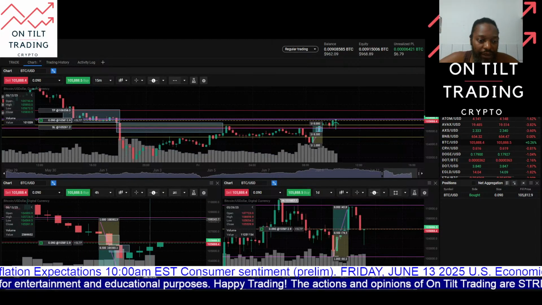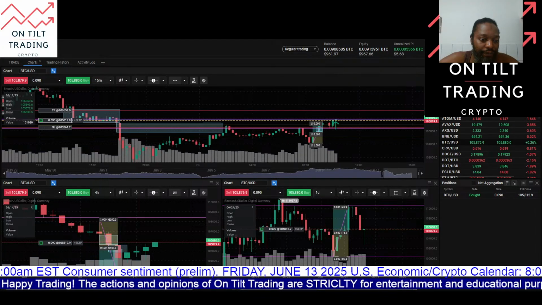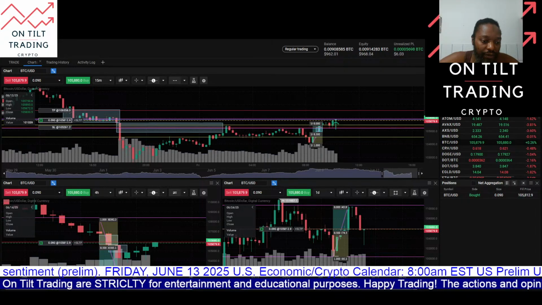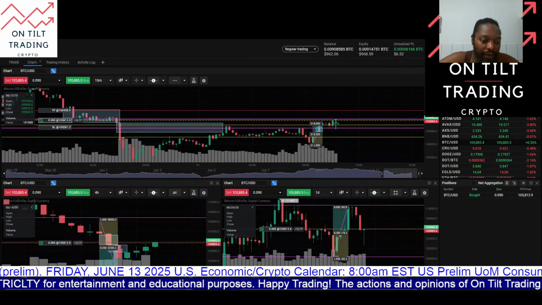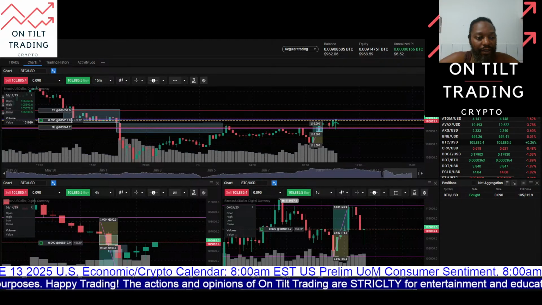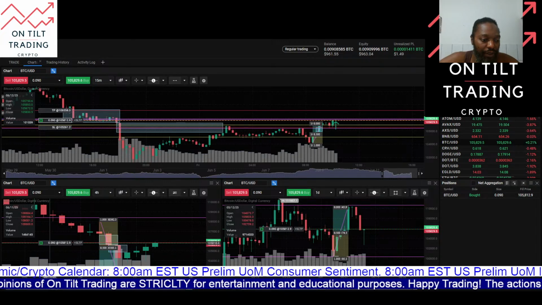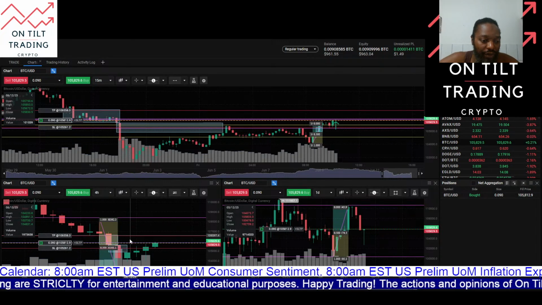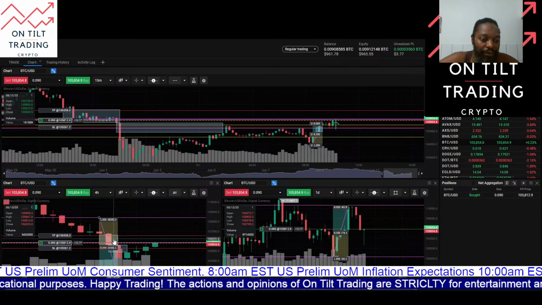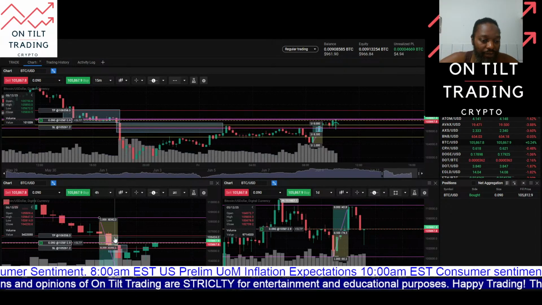If I zoom in on the 4-hour chart, you see these corresponding fair value gaps. When I put price up on the 4-hour chart, you can see that this reaches into the upper end of the fair value gap on this 4-hour chart. So that's my target.